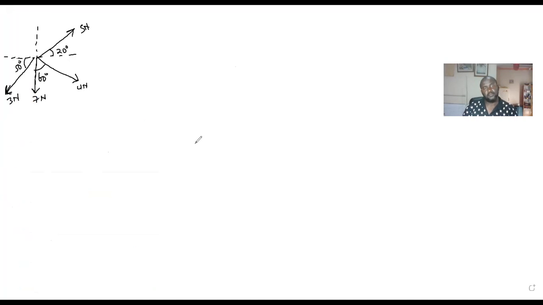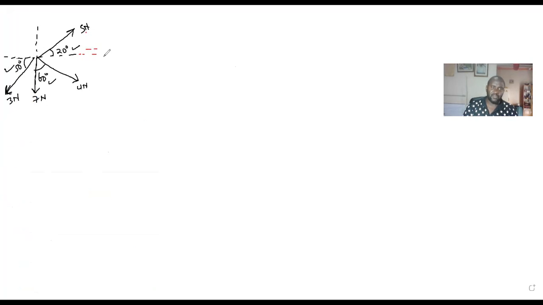Teacher, I'm not able to identify the angles. Do you see this? Can't you see this is 60? This is 20. This is 50. Can you see those angles? Yes. When we compress an angle, what do we use? Cos. Compress 20?